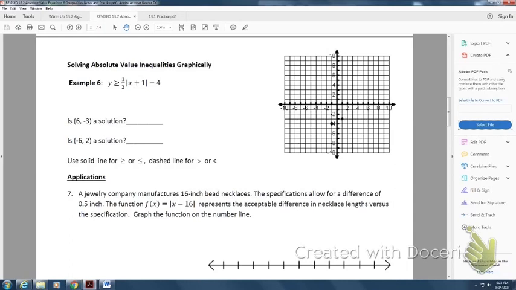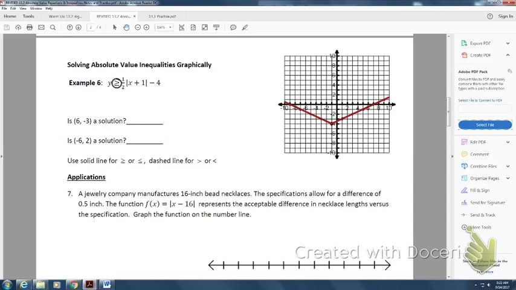So I'll go up 1, right 2. And up 1, left 2. And Callie, what inequality is that in the equation? Greater than or equal to.